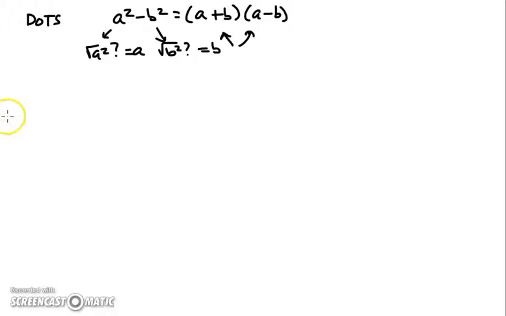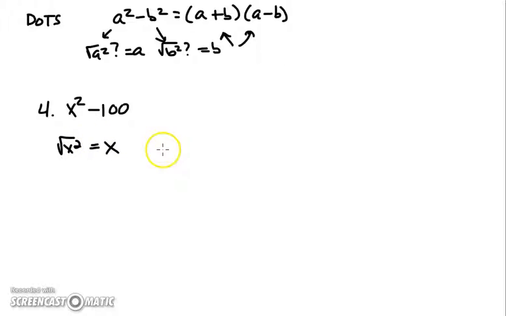So if we look at number 4, we have x squared minus 100. We have to look for a common factor first. The number here is 1, the number here is 100, so I could divide by 1, but that doesn't really help anything. We have an x squared here, there's no x's here, so I can't factor out anything, so there's no greatest common factor. There's only 2 terms, so we have to think, can I take the square root of x squared?